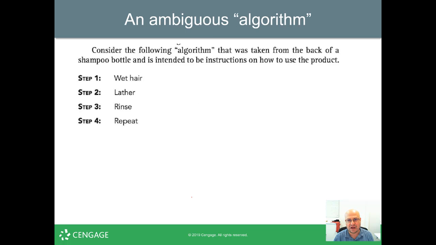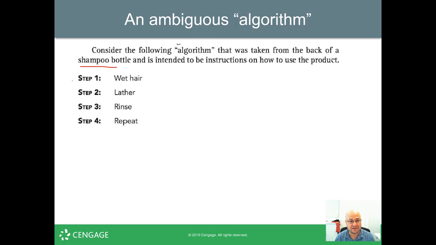So this is an example of an ambiguous algorithm. You can read this at the back of a shampoo bottle. I don't know why shampoo bottles have instructions, but they do. You can have a look at your shampoo bottle at home and see if it has instructions.